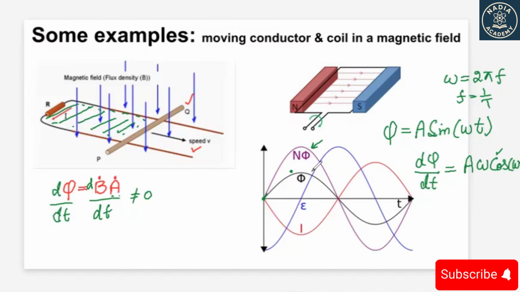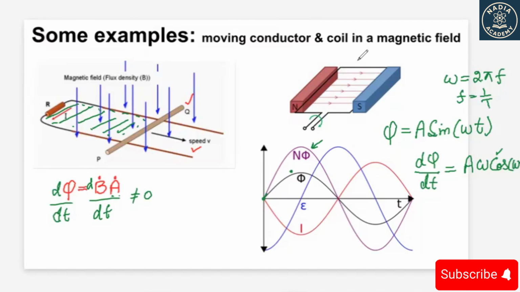You can also understand conceptually that from the time t equal to 0, when you rotate it clockwise, with a very small change the flux will start to enter more and more. Once it is perpendicular, the flux will start to decrease.